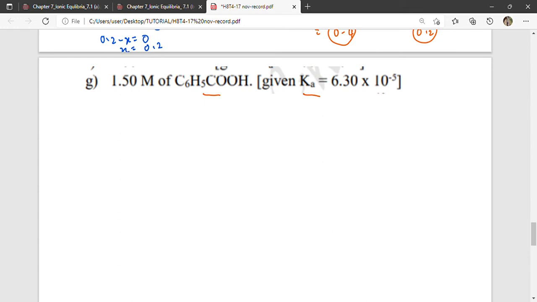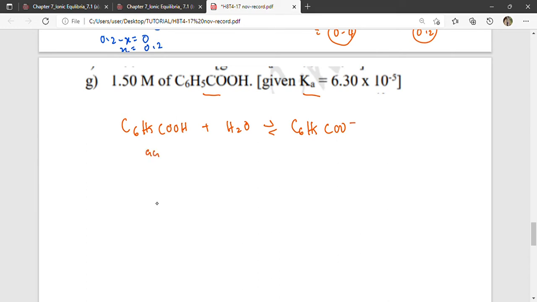Okay, so the first thing you need to do is write the equation. C6H5COOH plus water produces C6H5COO minus.